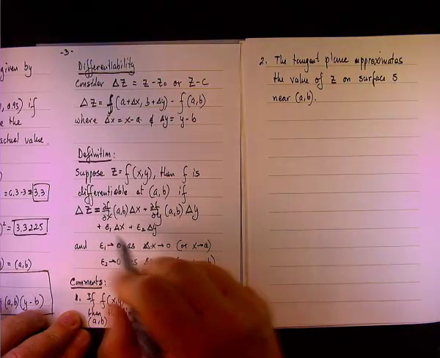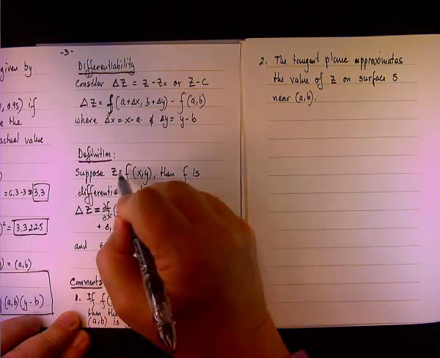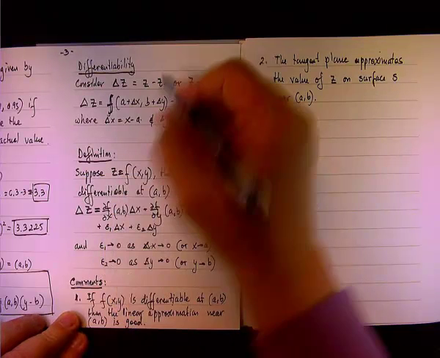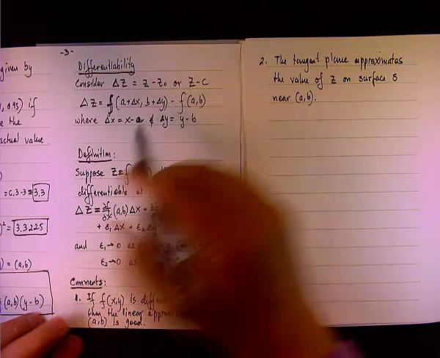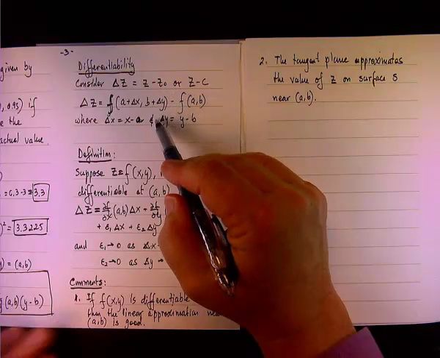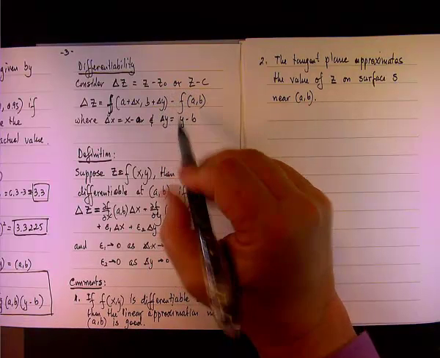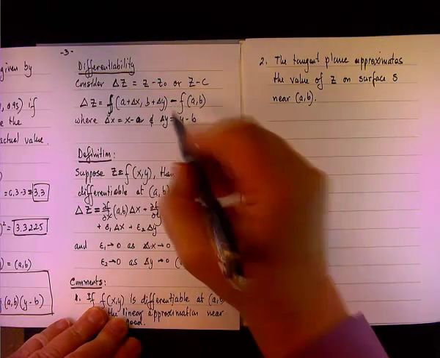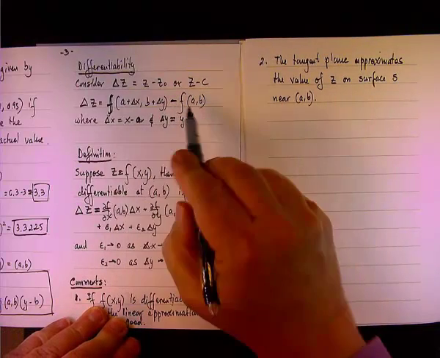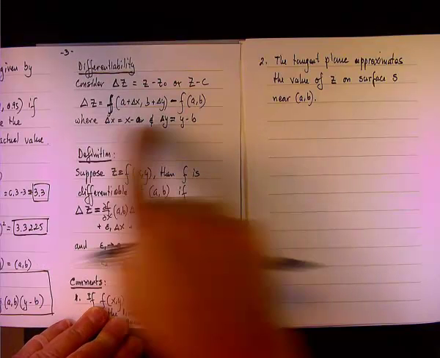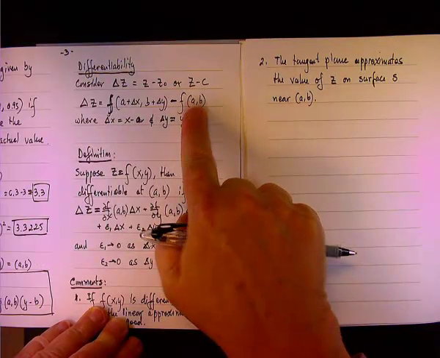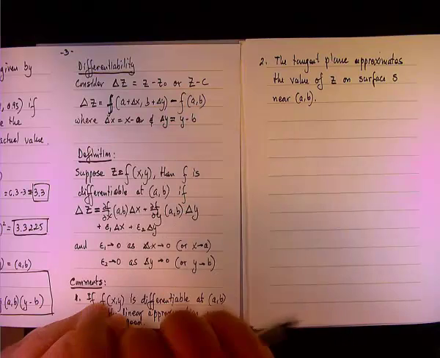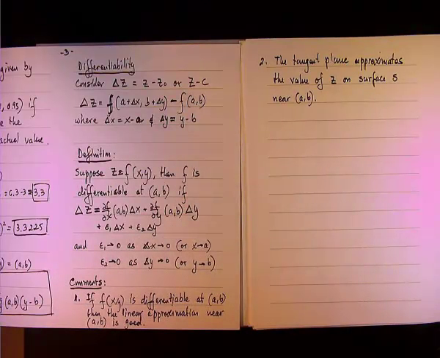Back to differentiability, shouldn't that be a minus sign and not an equal sign? Delta z here equals, the third line down. It's this minus that gives you the delta.